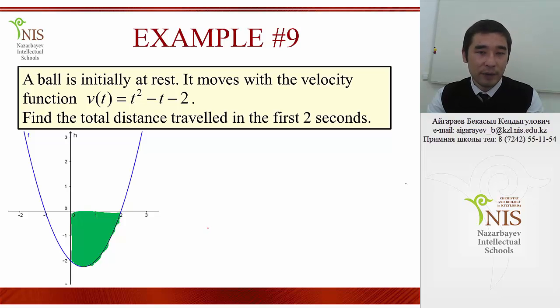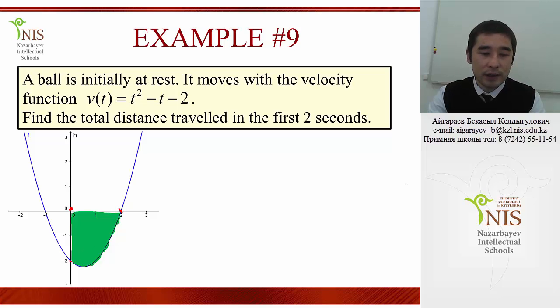Here's an example for application of integrals. A ball is initially at rest. It moves with the velocity function v(t) equal to t squared minus t minus 2. Find the total distance traveled in the first 2 seconds. So here it starts at t equal to 0 till t equal to 2.